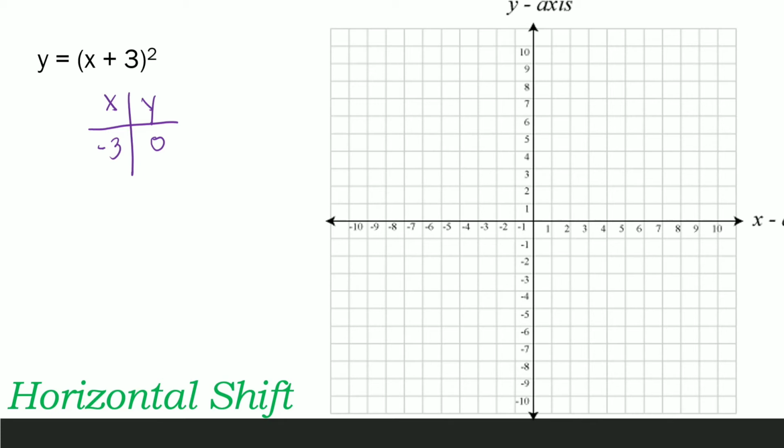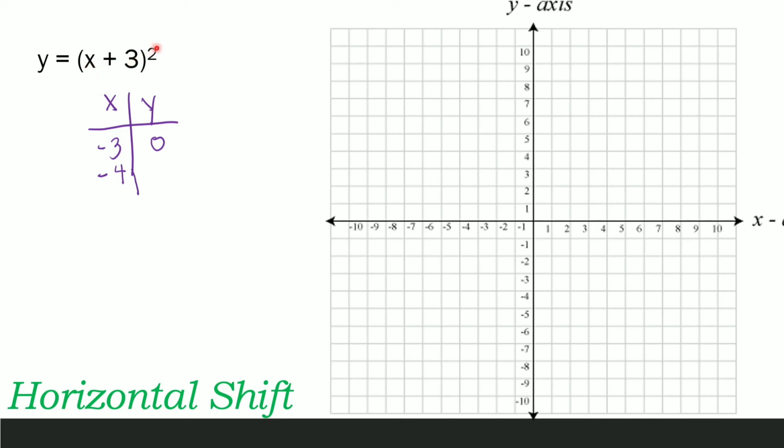Let me give you two more values that we can assign. Let's say, for example, negative 4. Okay? Negative 4 plus 3 is negative 1. So, negative 4 assigned for x. Negative 4 plus 3, negative 1.